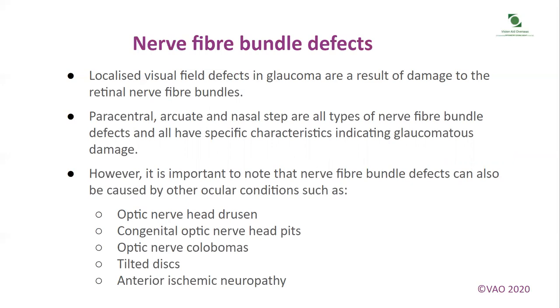However, it is important to note that nerve fiber bundle defects can also be caused by other ocular conditions, such as optic nerve head drusen, congenital optic nerve head pits, optic nerve colobomas, tilted discs, and anterior ischemic optic neuropathy.